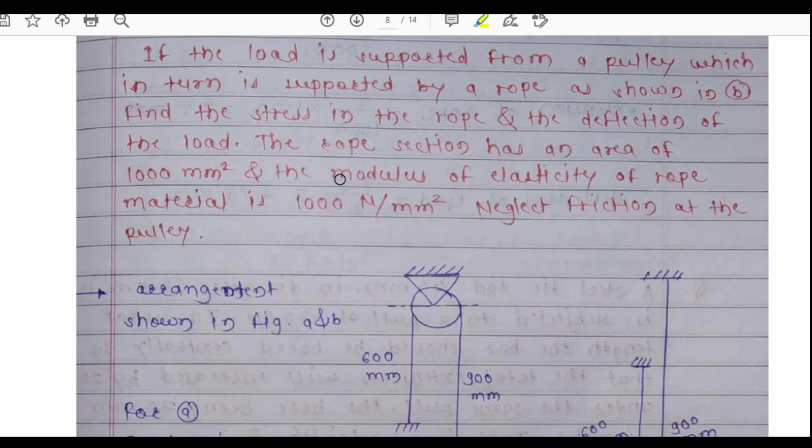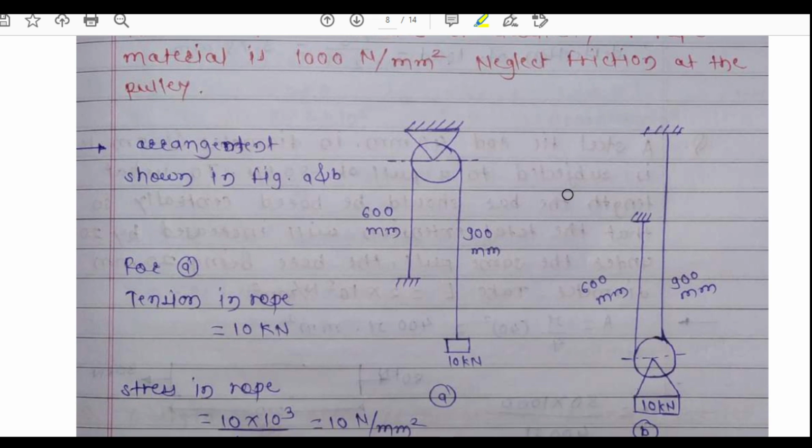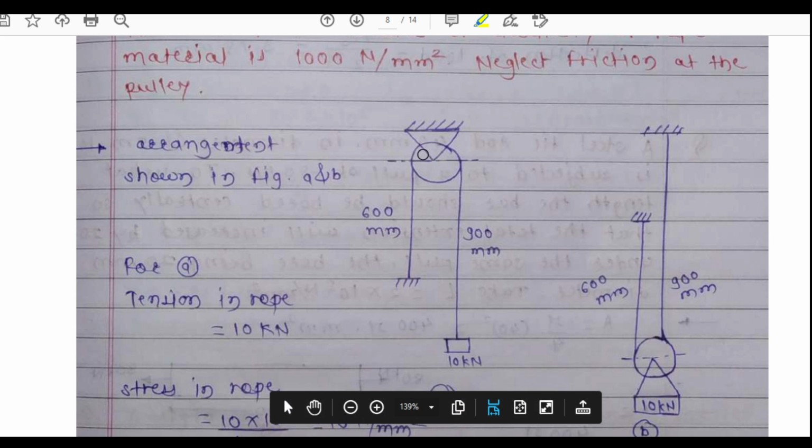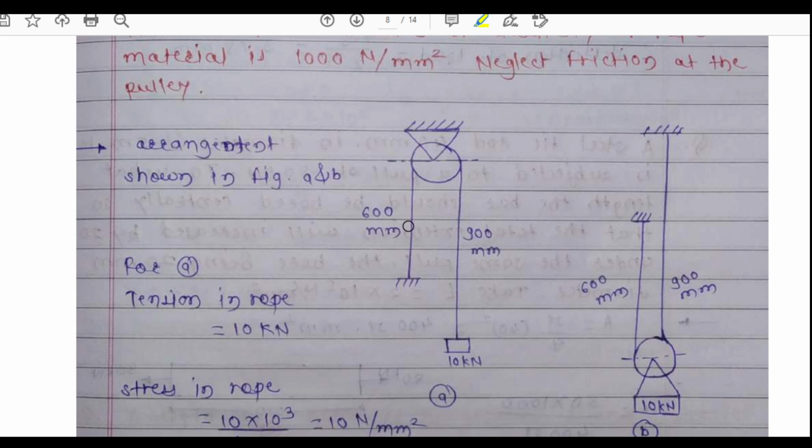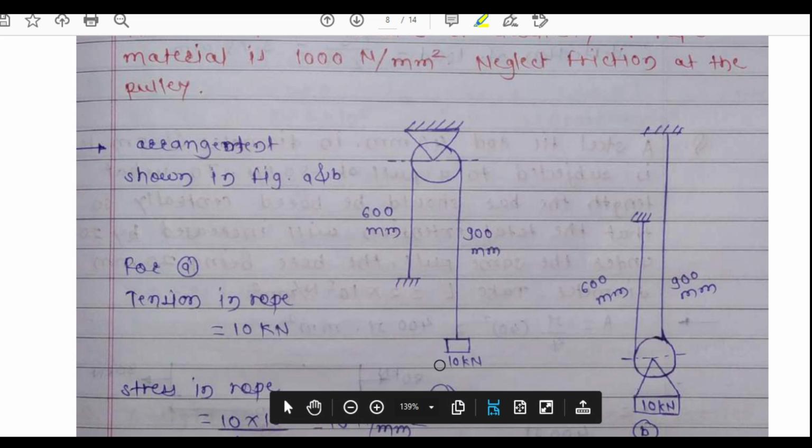Okay, this is the diagram. Here this is a pulley from which a rope is carrying. The pulley is carrying a rope. Here it is fixed, and at the one end it is having a load of 10 kilonewtons.